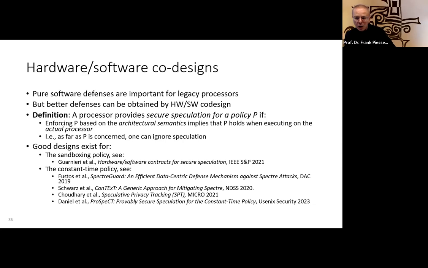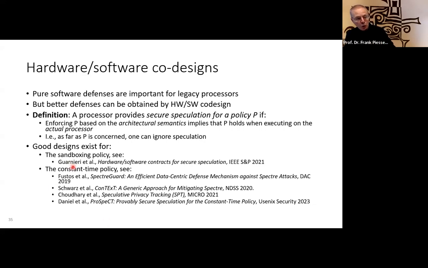Two examples of this are, for the sandboxing policy, Marco Guarnieri and others have shown that there are hardware extensions that you can put in the processor such that if software complies with the sandboxing policy, which means it can't access memory outside of a certain well-defined range, then you can run that software on a speculating processor with these countermeasures, and no additional leaks will be introduced.